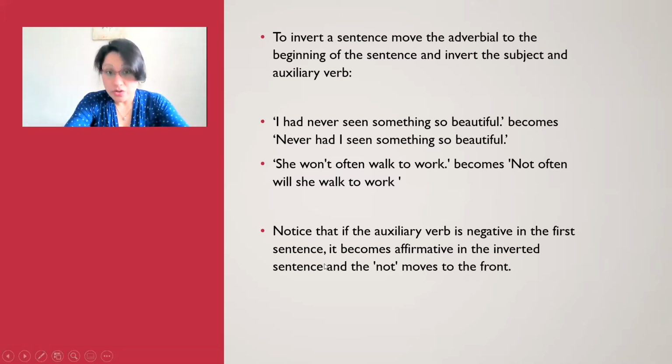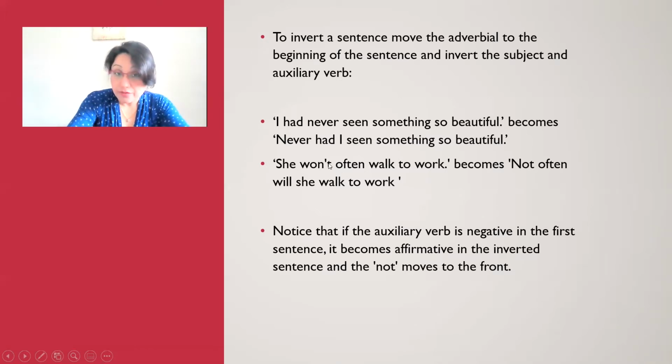Notice that if the auxiliary verb is negative in the first sentence, it becomes affirmative in the inverted sentence and the not moves to the front. Here, she won't often walk to work.